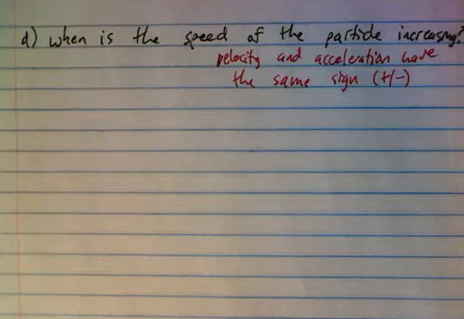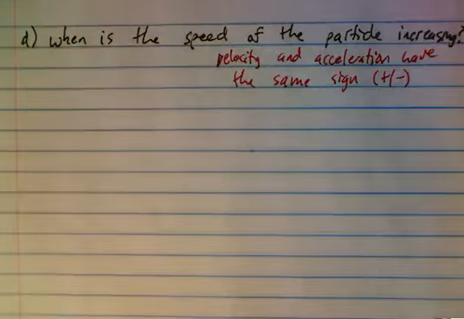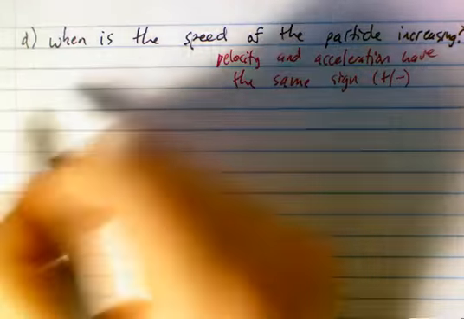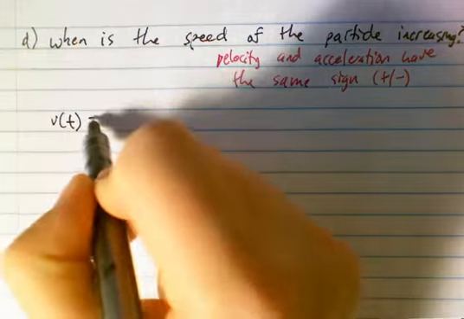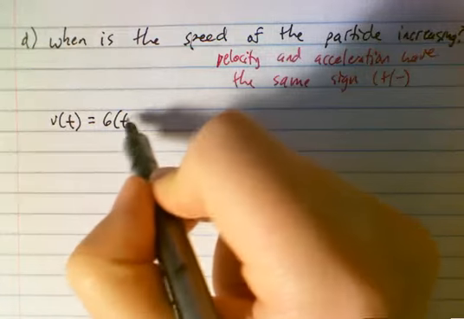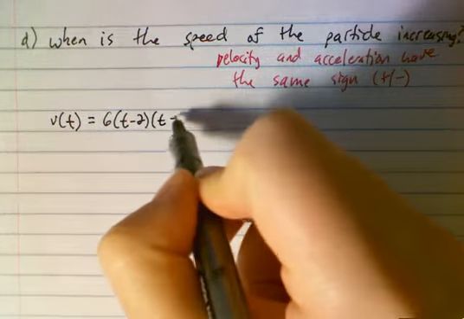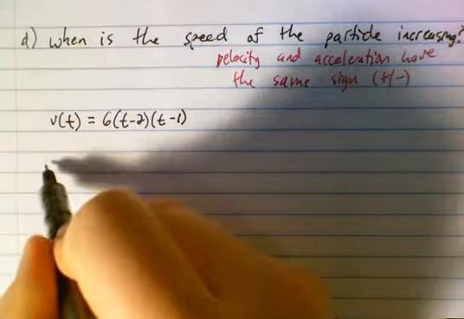Positive or negative. So looking back at the problems that we just did, I see I've got an equation for V, I've got an equation for A. So V of t is 6, t minus 2, t minus 1.